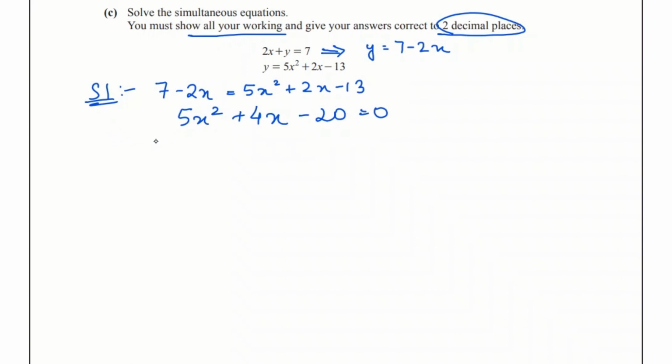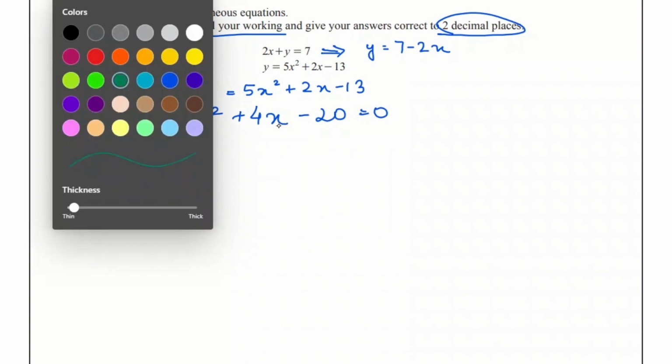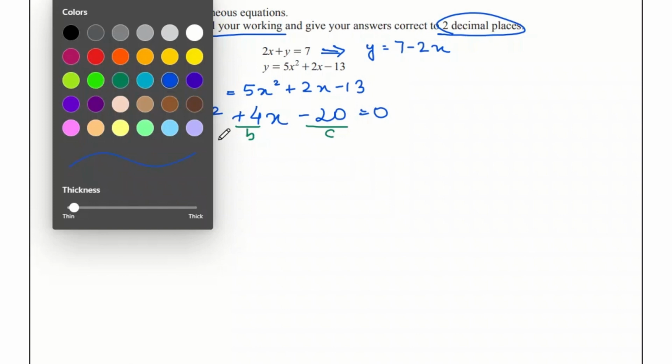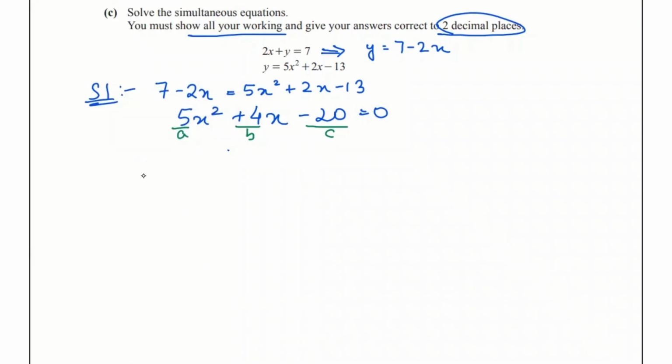So now since we have to find out to 2 decimals, let's use quadratic formula. This is C, this is B, and this is A. Come on, let's do it.